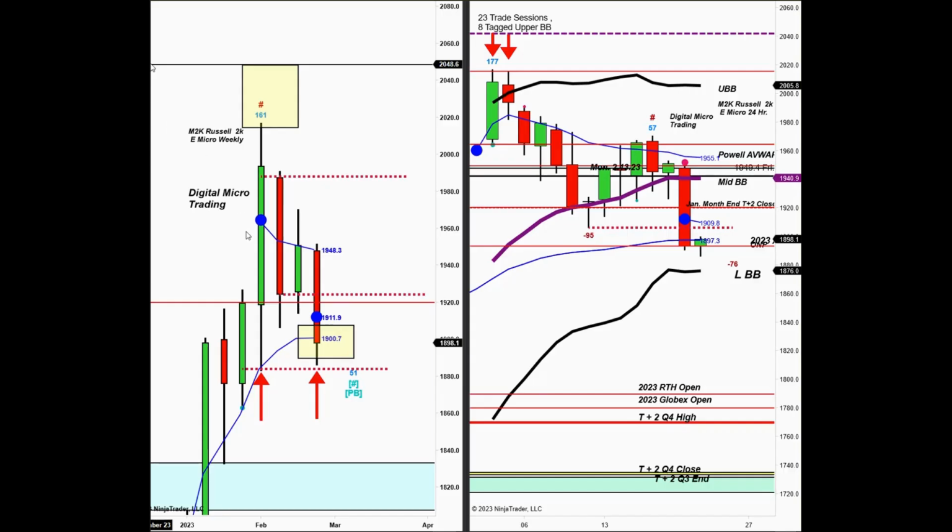Left side, weekly, Wednesday Globex right before the RTH open. Right side, 24-hour chart. Here we are with this red arrow. This weekly candle has basically demolished bulls and trapped them above, because it's taken out everybody that bought on the February high on this line and above.